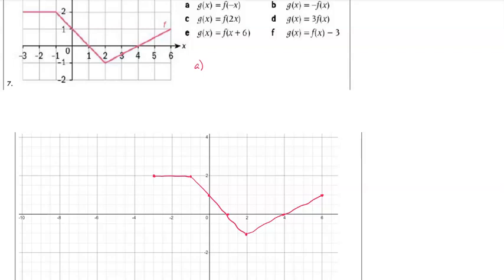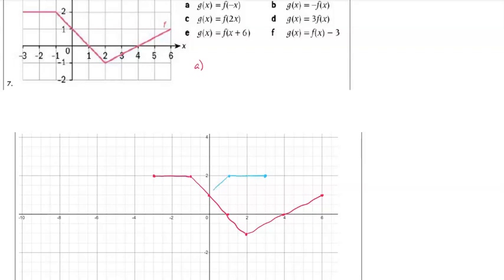Okay, let's do A in blue. So we're going to reflect these over the y-axis. And so I'm going to take that. So 1, 2, 3, take that point right there. Oh, 1, 2, 3, sorry. That point is going to be like that.